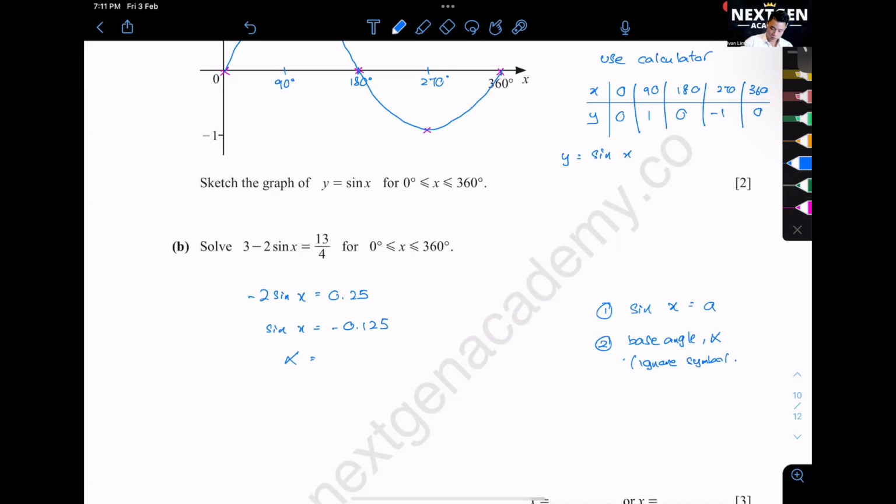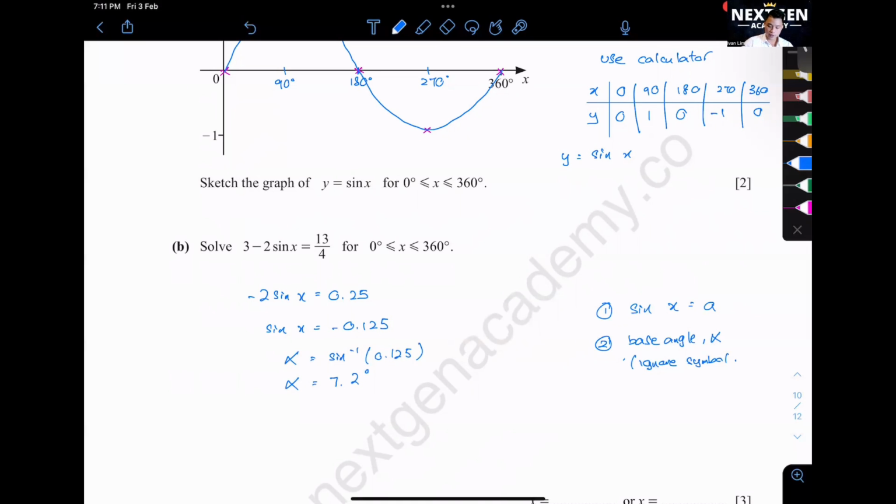So alpha is equals to inverse sine 0.125. Type in your calculator 0.125 and you will get 7.18 degrees. I think we just write 7.2 degrees because for angles you just need 1 decimal place.